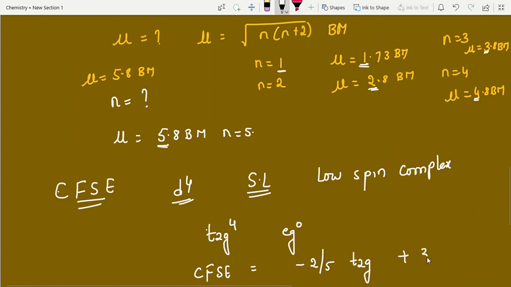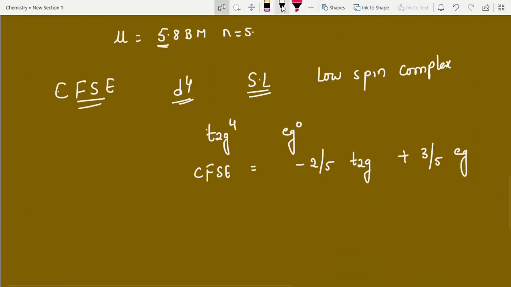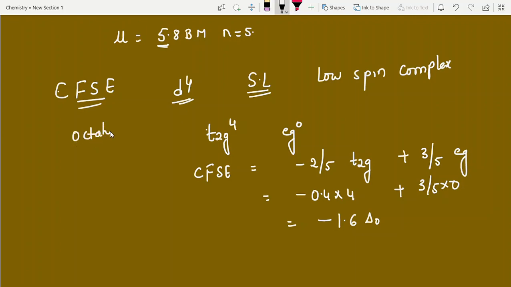Now calculate. 2 by 5 is 0.4 into 4, plus 3 by 5 into 0, so that is finally 0. This is minus 1.6. The answer is minus 1.6 delta naught, octahedral splitting.